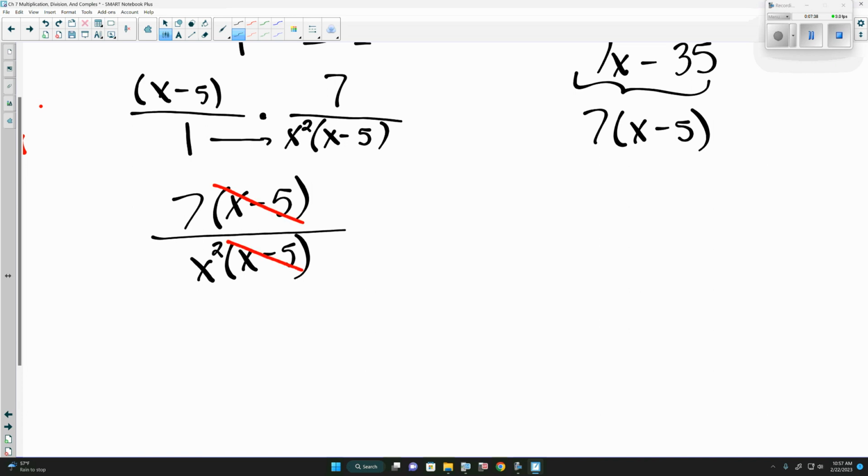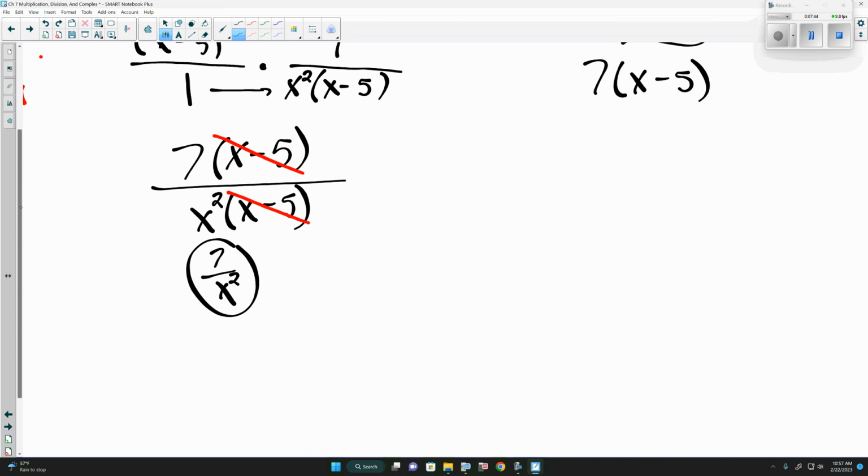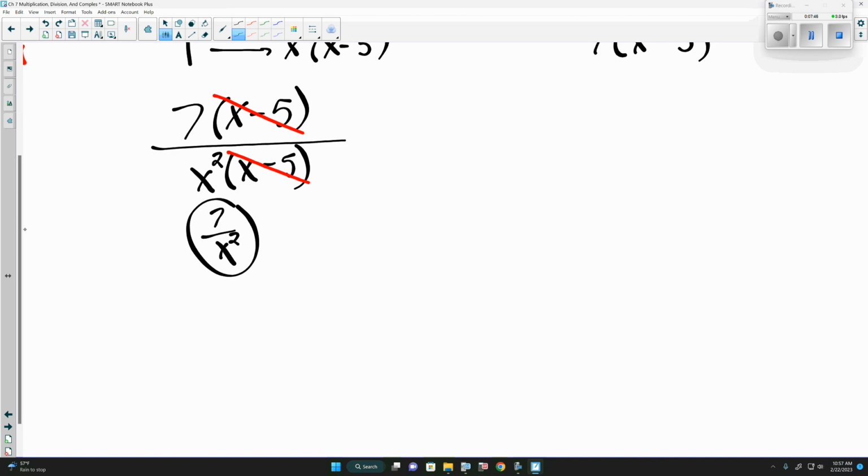So they will cancel, leaving us with 7 over x squared. Any questions over any of this here? We ready for the next one?